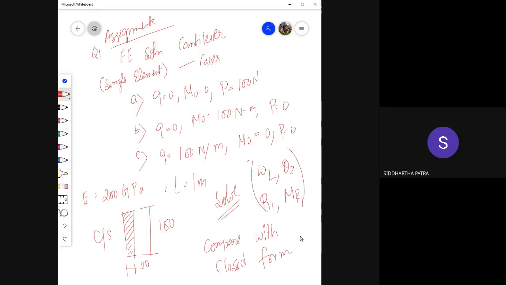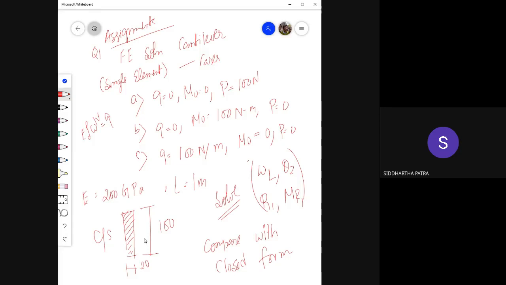That means when you do not use finite element method, but you use your technique from strength of materials. So basically you integrate the expression EI w quadruple prime equals q. When you integrate this equation, solve from there.